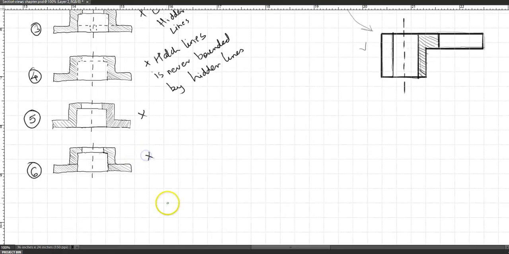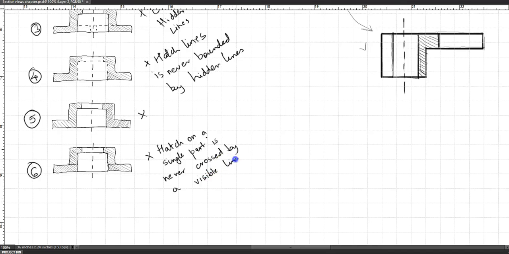Now why is this one wrong? The reason why this one is wrong is because a hatch on a single part is never crossed by a visible line. So over here you have a hatch, right? And it's one object. This whole thing is one object.